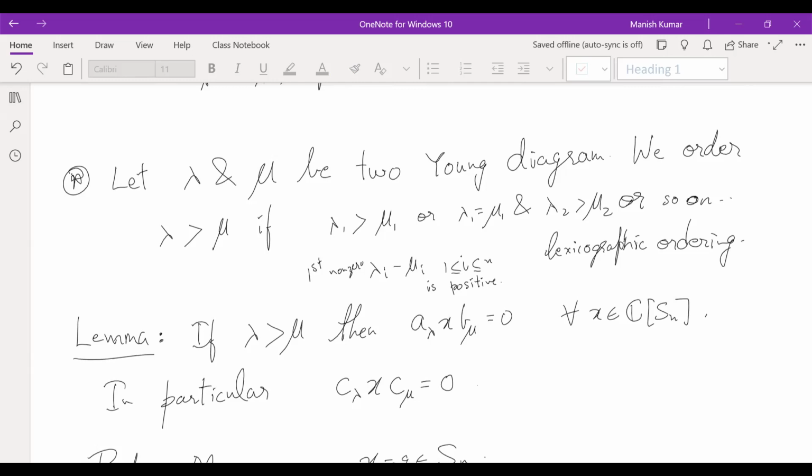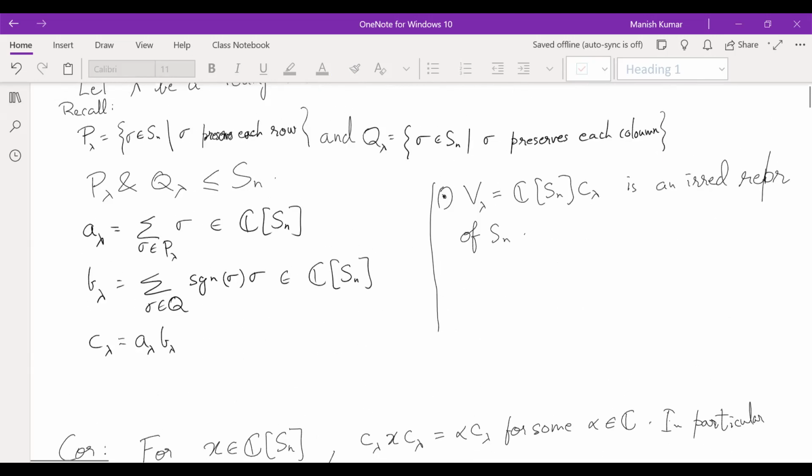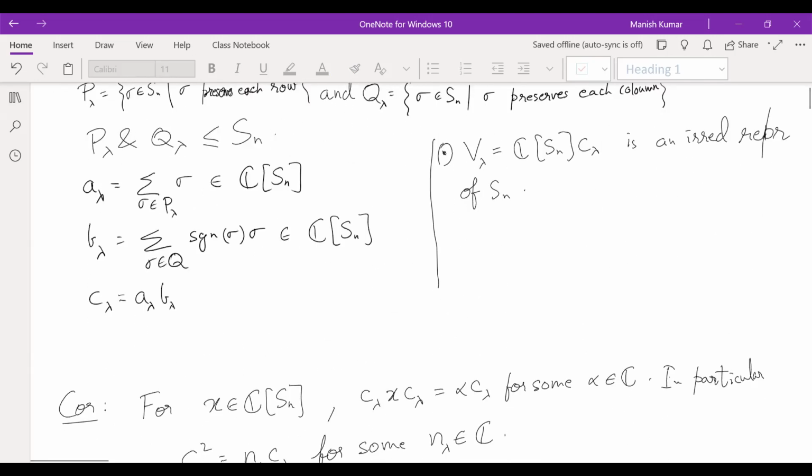In particular, it tells you that C lambda x C mu is 0, because C mu is A mu B mu and C lambda is A lambda B lambda, so it's a term of this kind. This lemma together with this corollary will give us the theorem.